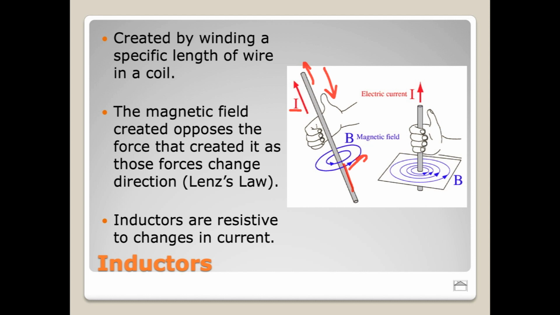So this magnetic field is going to fight it until ultimately this current that's reversing is going to overcome this magnetic field, reverse the magnetic field, and then guess what? It happens again. We reverse back and forth, back and forth, 60 times a second when we're dealing with alternating current electricity, right? So what happens is ultimately inductors are resistive to changes in current.